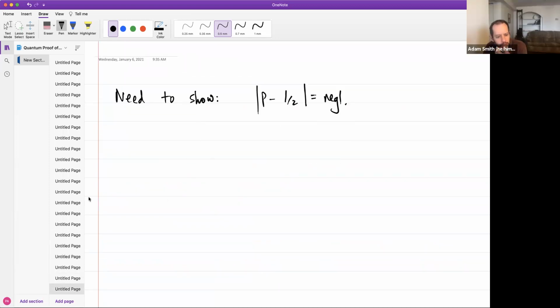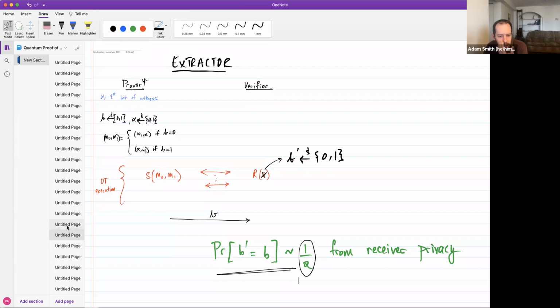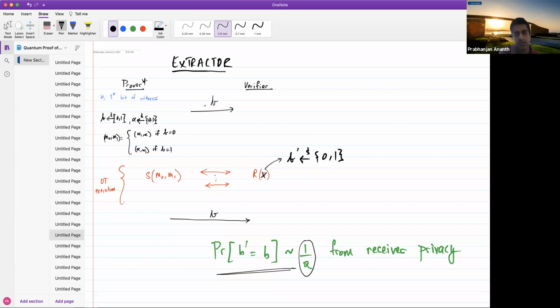Could you also solve that simply by committing to the bit B, like with a statistically binding commitment? Or would that mess up other stuff? You're saying that before the verifier chooses, just make the prover commit to B, is that what you're saying? Yeah, using a statistically binding commitment.